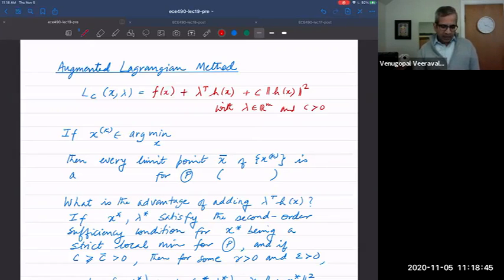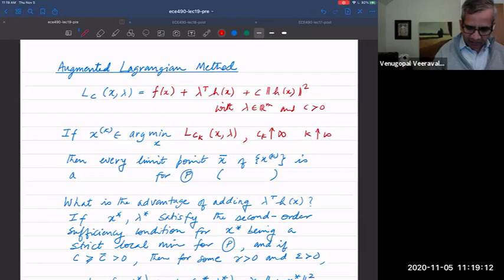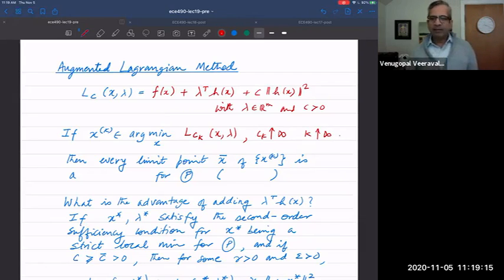Now let's look at x^k, which is minimizing this augmented Lagrangian with c replaced by ck. Lambda is something fixed, and we can still let ck be positive and go to plus infinity as k goes to infinity. This up arrow means that ck goes monotonically up to plus infinity as k goes to infinity.